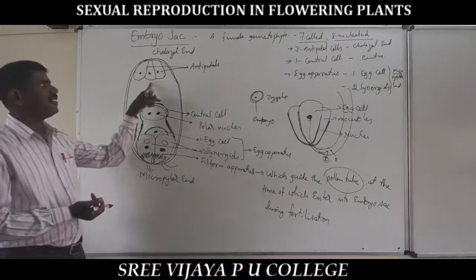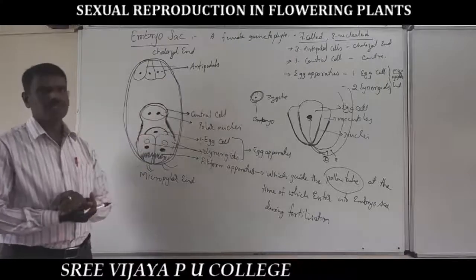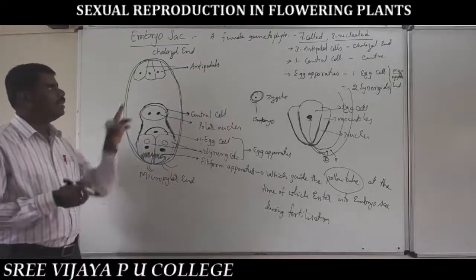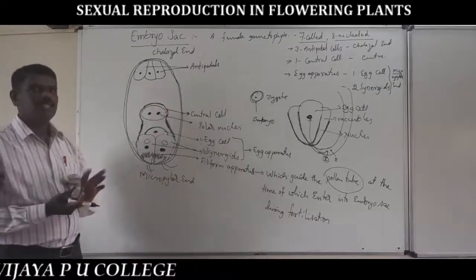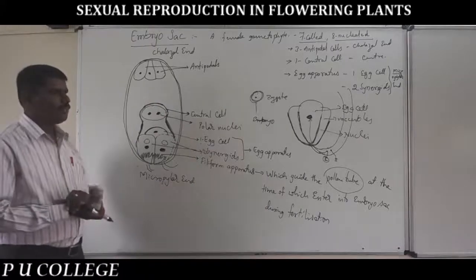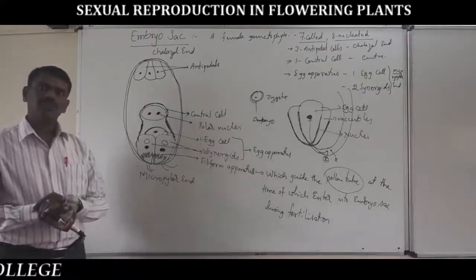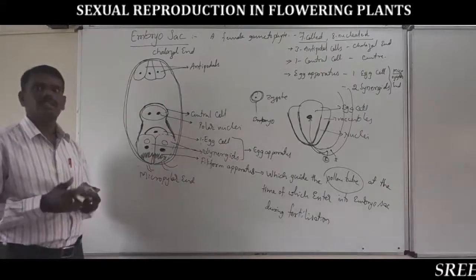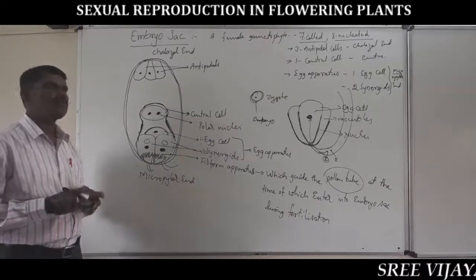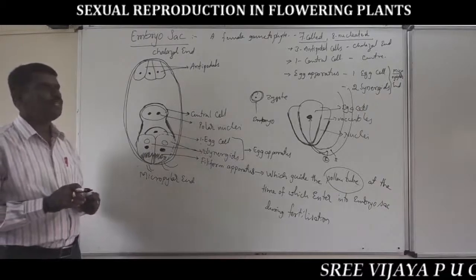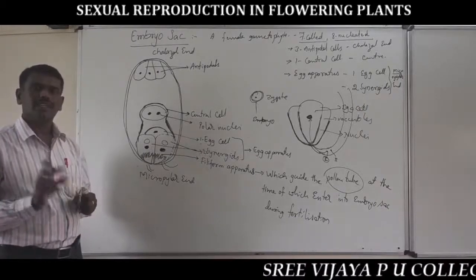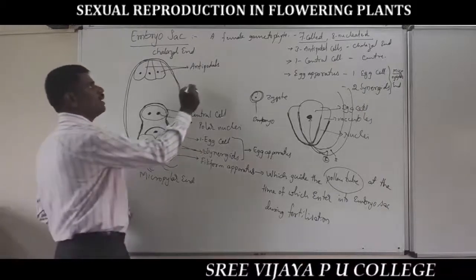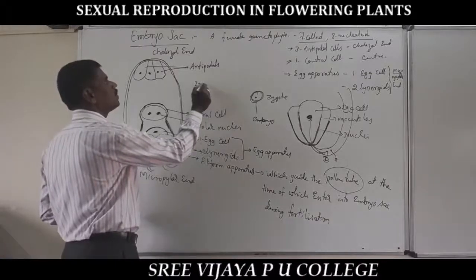Another three cells are the antipodals. There are three antipodals, but sometimes the number of antipodals differs from species to species. For example, in maize there are 20 antipodals.